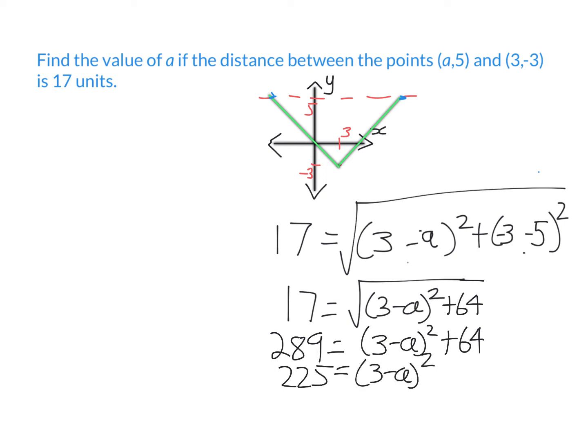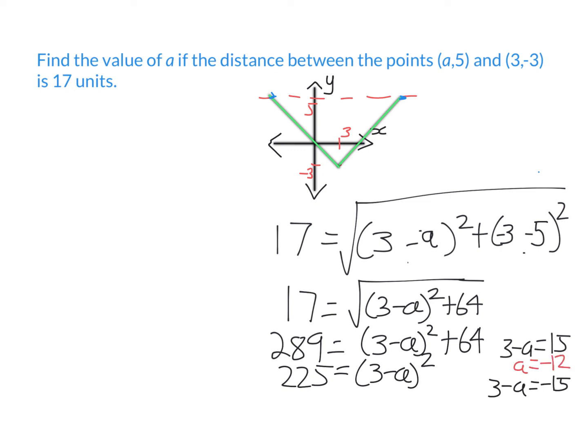So now we need to square root both sides. So we either have 3 minus a equals positive 15 or 3 minus a equals negative 15, because 15 squared and negative 15 squared both equal 225. So if 3 minus a equals positive 15, that gives us the answer a equals negative 12.